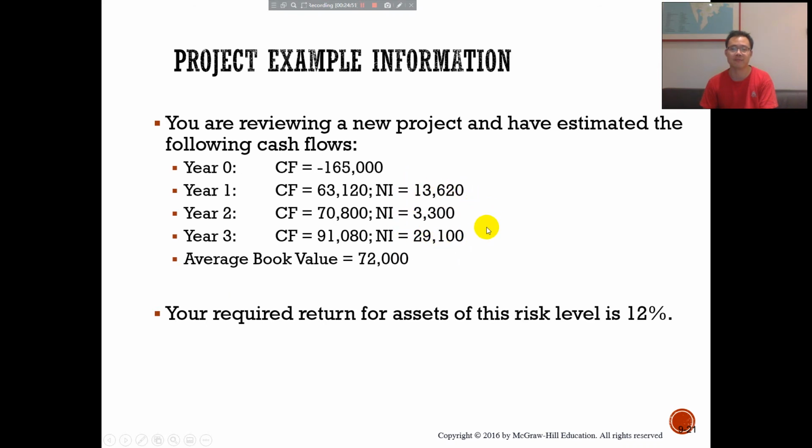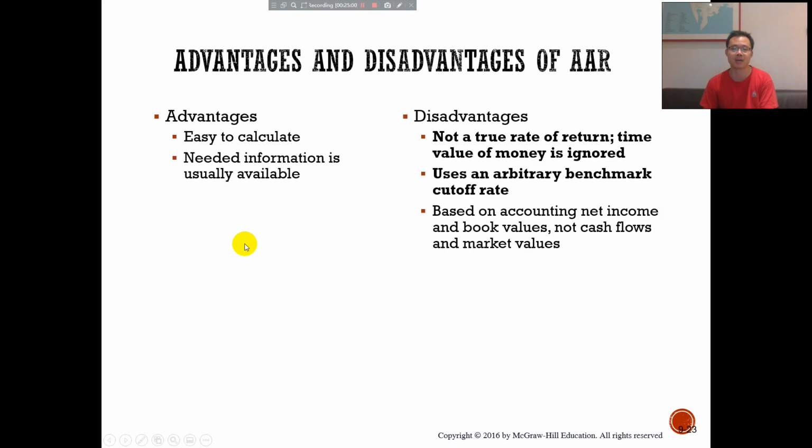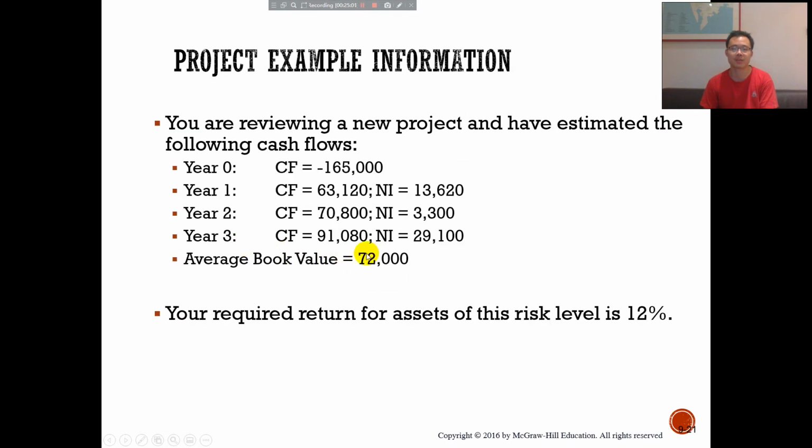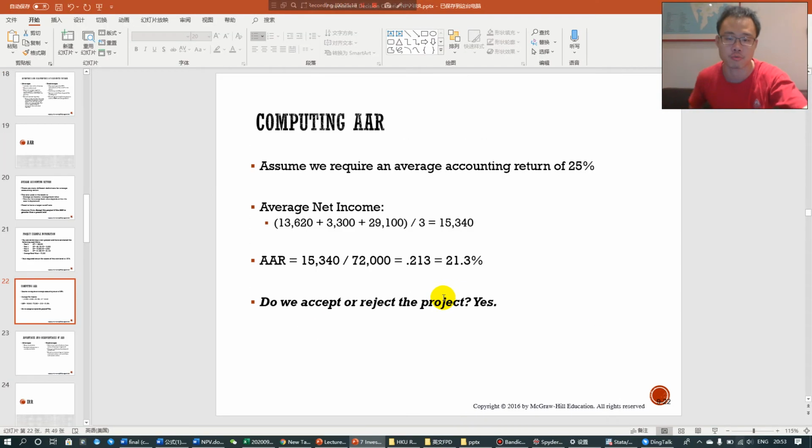It's going to be the average net income of 15,000. And AAR will be this average net income divided by the average book value, which will give you 21.3%. And this AAR is actually lower than the required return of 25, so we reject this project. This is a typo here, I'm really sorry. So let me correct it.